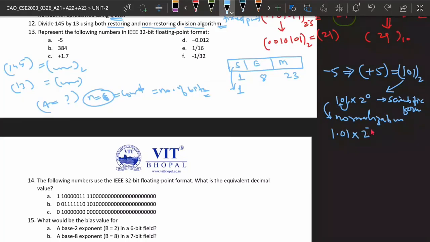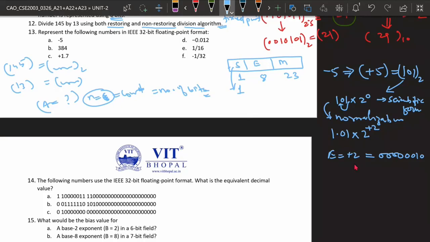This is the scientific form in normalized form. Now we need to find the sign, which is negative already, and the exponent, which is +2. This exponent should be represented in 8 bits, so +2 in 8 bits will be 00000010.